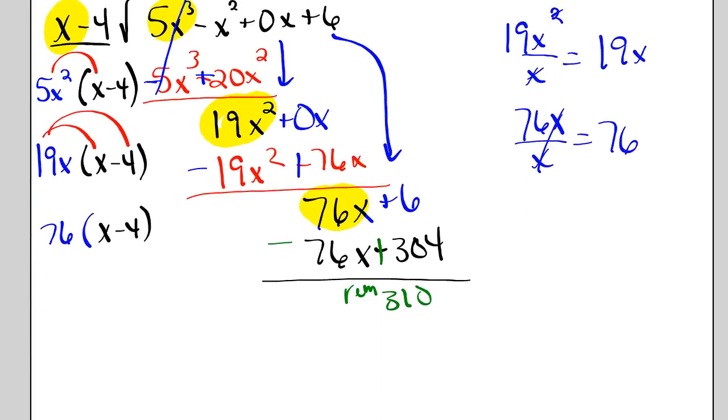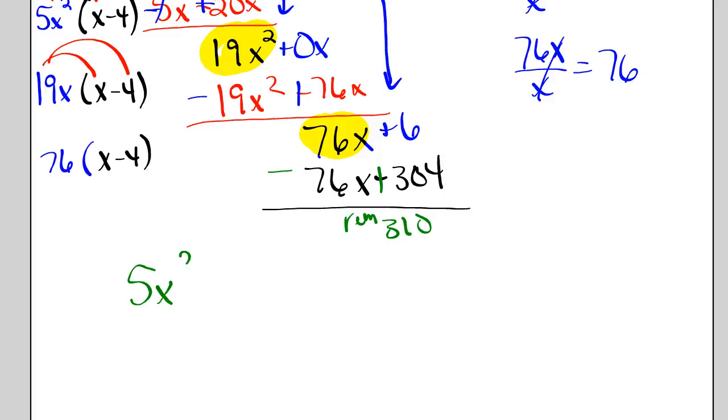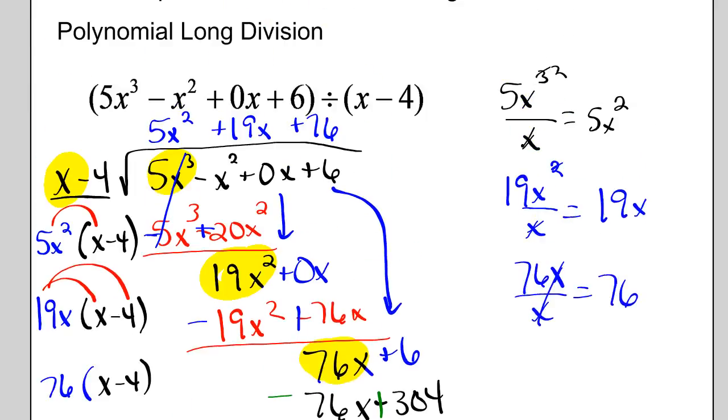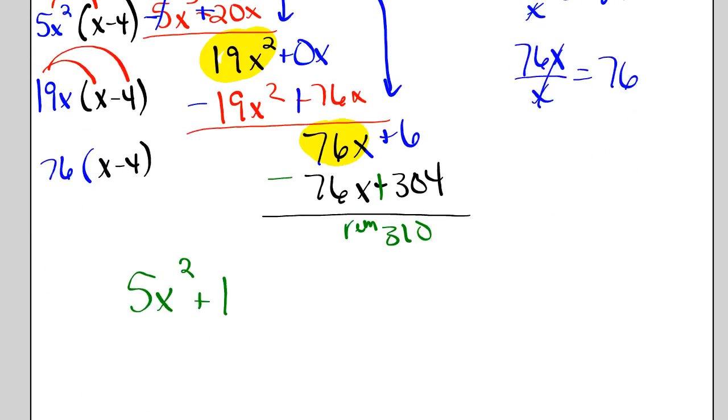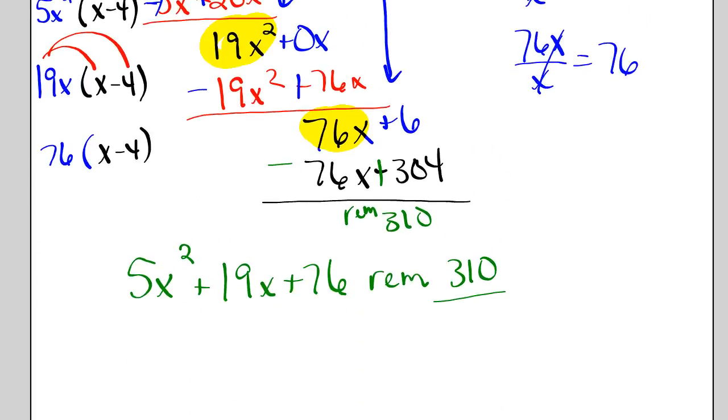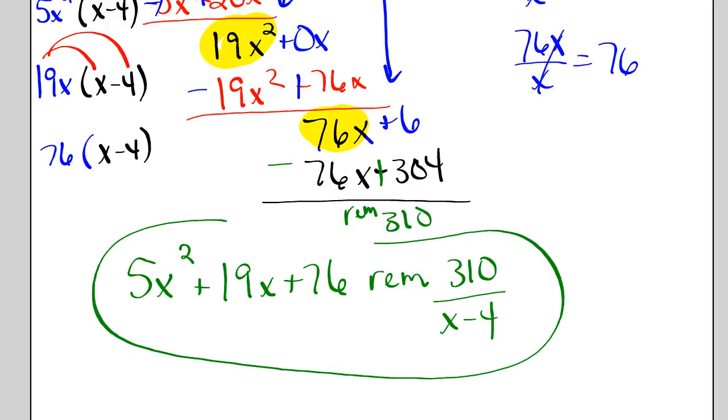Sorry, I'm scrolling. 5x squared plus 19x plus 76. My remainder is 310, and it's really 310 over x minus 4. That's what it looks like. So that's my answer. We're going to make sure we get the same thing when we do synthetic division.